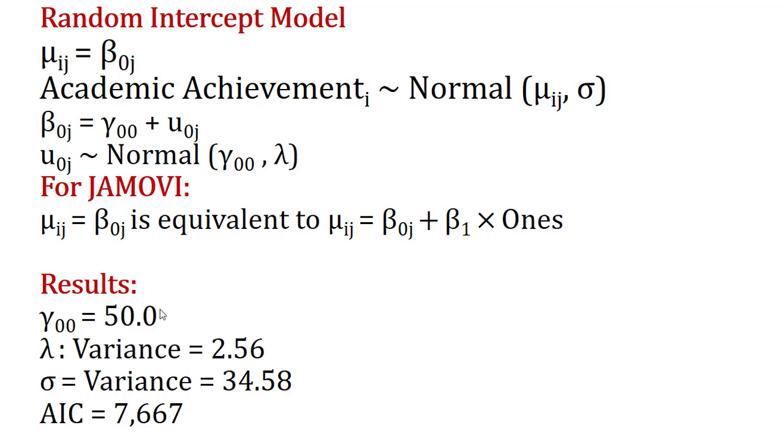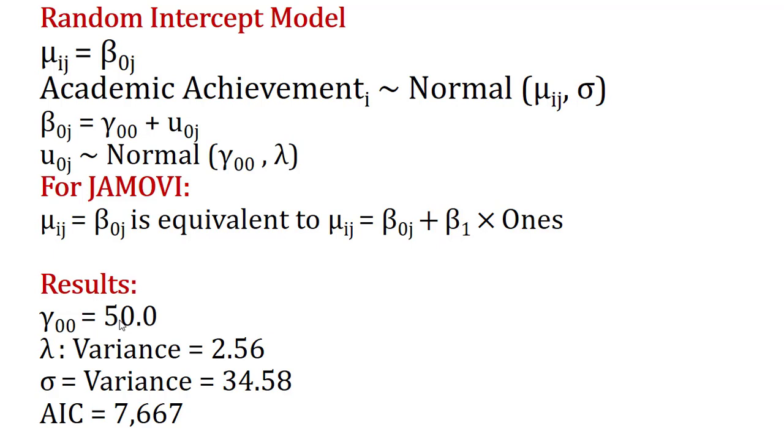Now, this is a bit different than the mean academic achievement of the sample, as I indicated before. And the reason why there is a difference is because the regions do not have the same number of participants. So the mean of each region has a different weight. The regions with more participants or more individuals will have a more important input into the model, more weight.